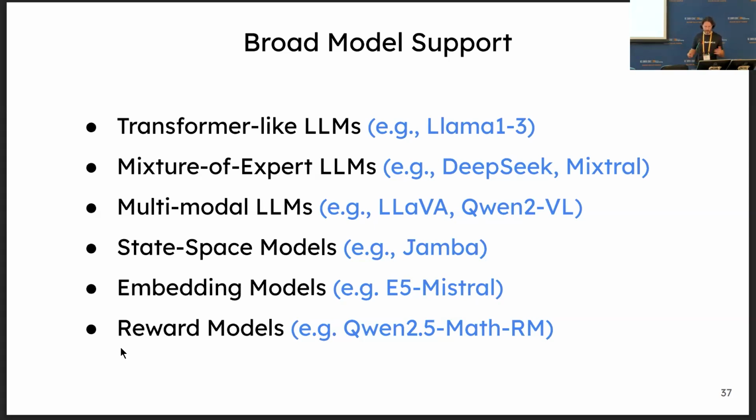And then reward models, which are used for post-training type workflows. So RLHF and things like fine-tuning models, you have to have inference as part of that process, and so we work with a lot of those frameworks for doing this reward modeling as part of the post-training.